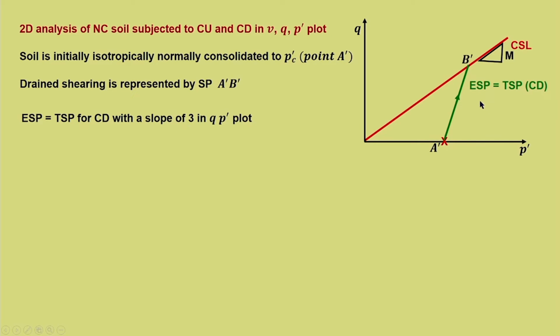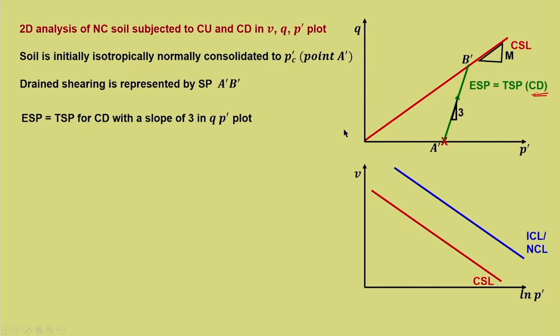A dash B dash is the effective stress path or total stress path for CD. So, here because of CD it is the same, and it is at an inclination of 3. How will it look in V-ln P dash? So, this is the representation which we want. A dash will be on ICL or NCL.